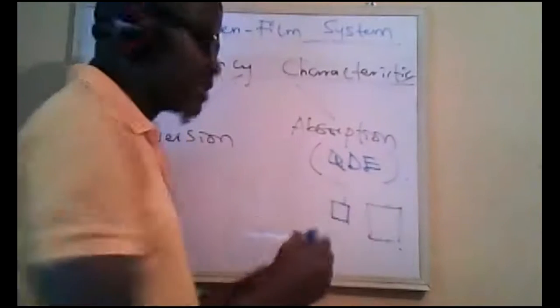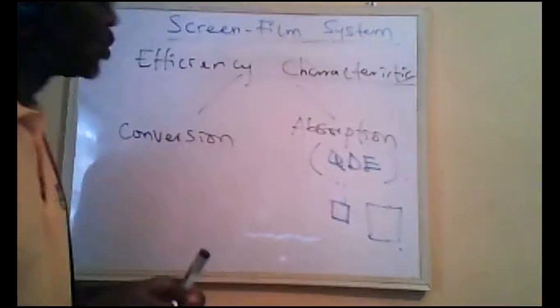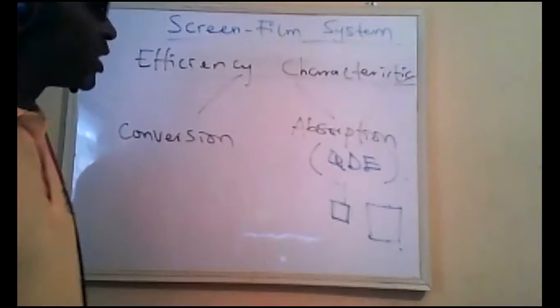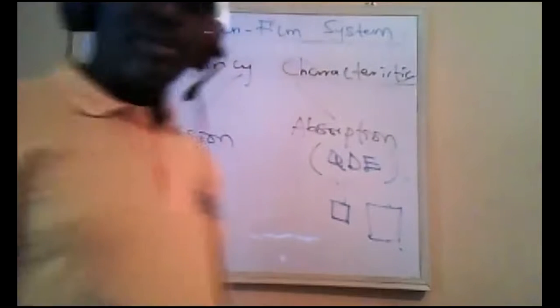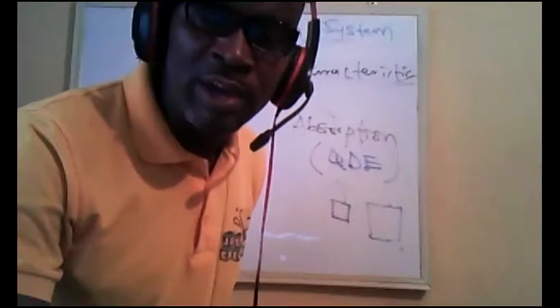So the size matters when it comes to absorption efficiency. The bigger the screen, the bigger the absorption efficiency, and the bigger the QDE. We have a graph to explain that. Let me quickly share that with us.